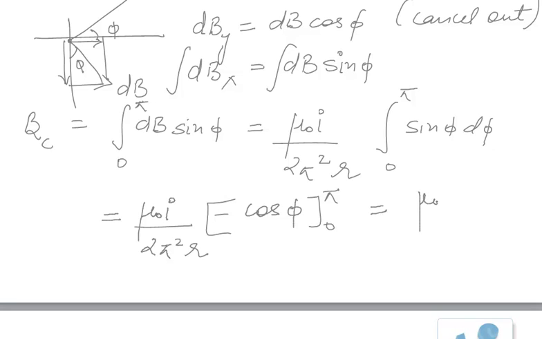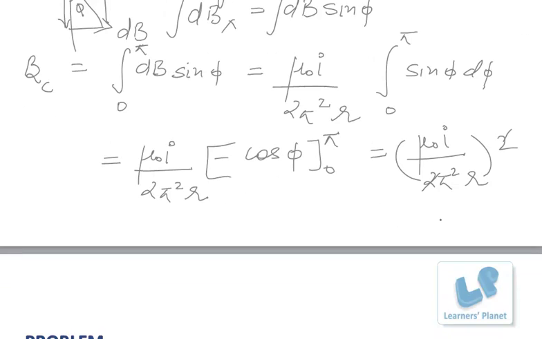So we will have mu naught I upon 2 pi square r times 2. This 2 will cancel out. So we will get the total magnetic field at the center as mu naught I upon pi square r.